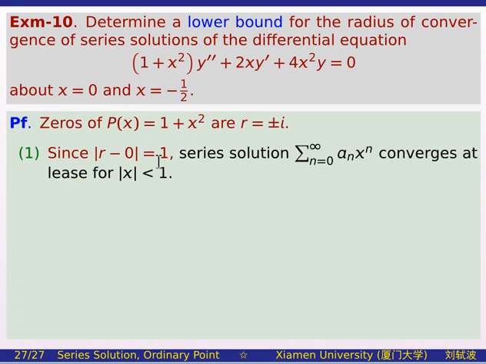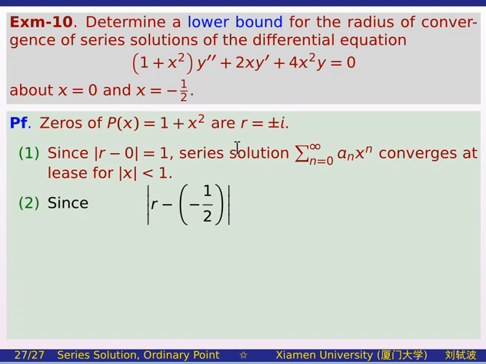So the series solution, assuming it is of this form with coefficients a_n, we don't need the expression for a_n. But we know that the radius of convergence is at least 1. So this series converges at least for the absolute value of x less than 1, which means the open interval from minus 1 to 1.